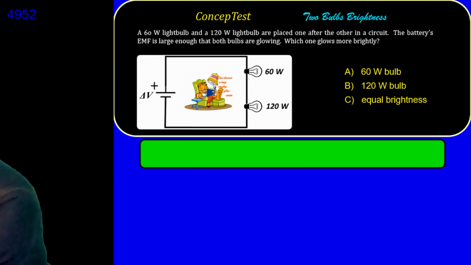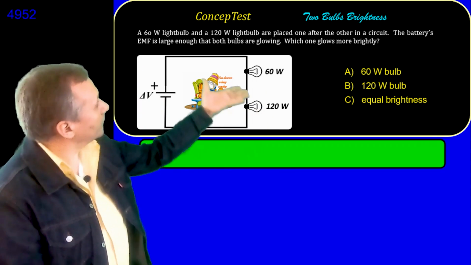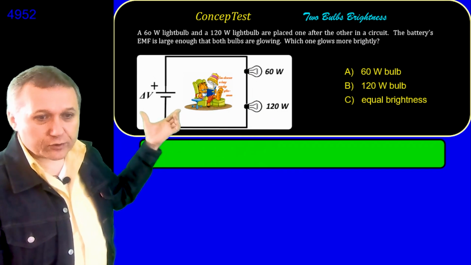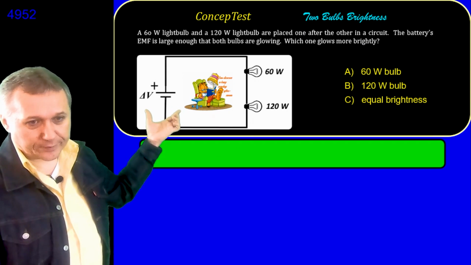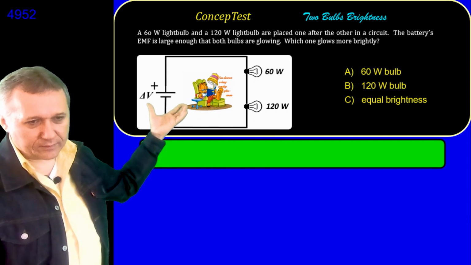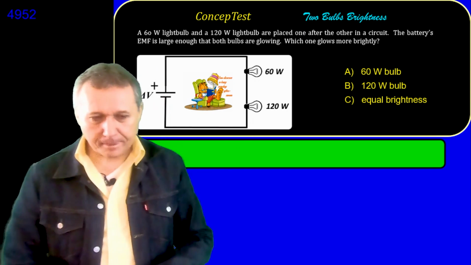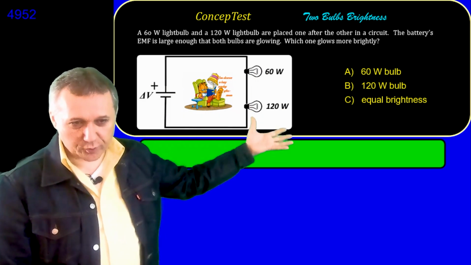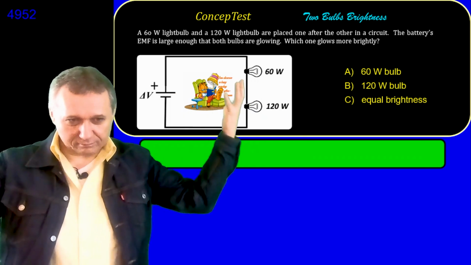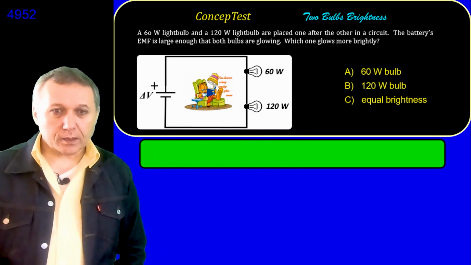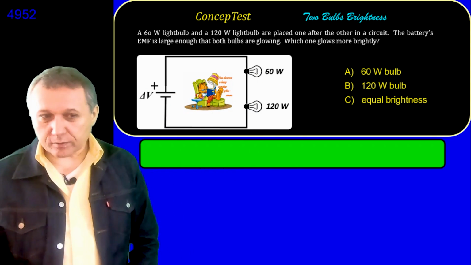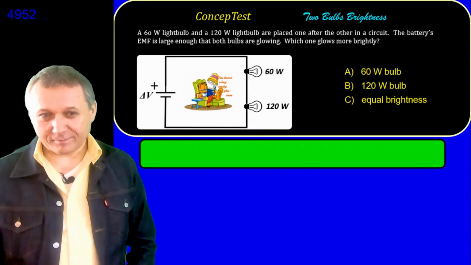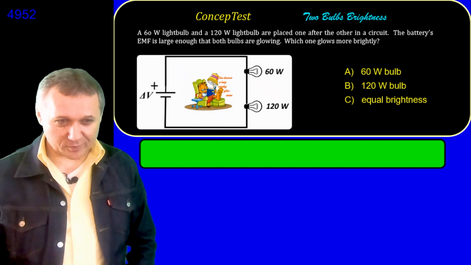And they're connected like this, and obviously you see they're connected in series, and they're driven with this battery, delta V. It can be anything, nothing specific, but it's strong enough to make these bulbs glow. Okay, the question is, which bulb generates more light, 60 watt or 120 watts?